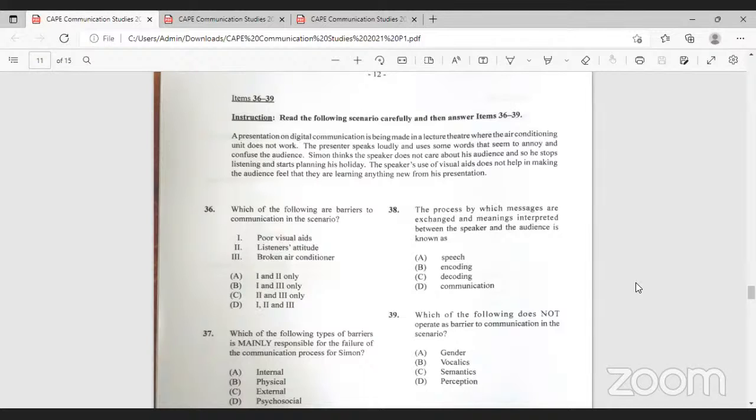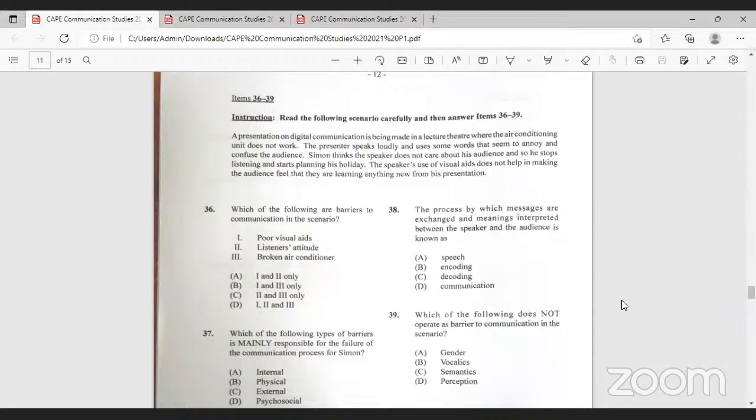But guys, by default, since 1 and 2 are already there, then it's either A, 1 and 2 only, or 1, 2, and 3. Yeah, the answer is A. I mean, broken air conditioner, you might feel uncomfortable, but it's not going to really impede communication, in my opinion.